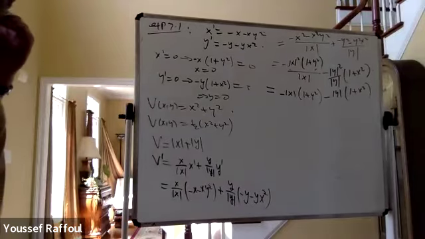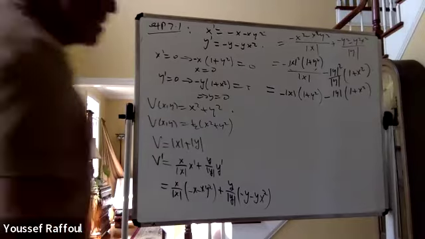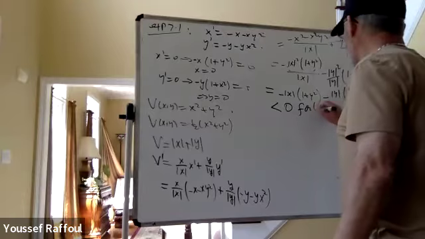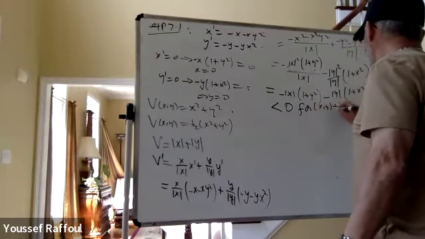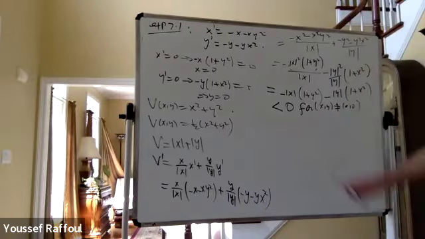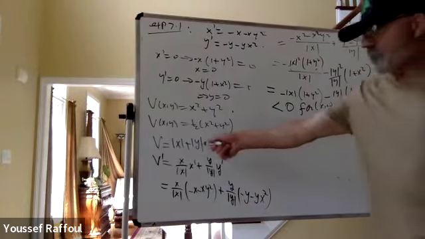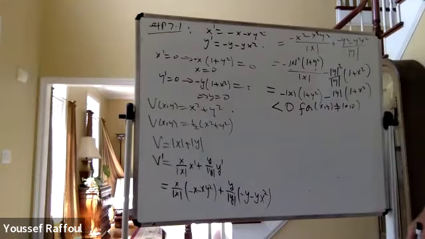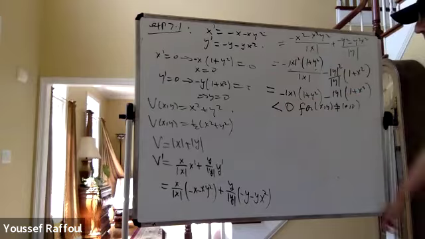Okay? Well, this is less than 0 for x, y different from 0, 0. Guess what? This is a better Lyapunov function than the other one. Actually, the other one, we just did this one a little bit ago.